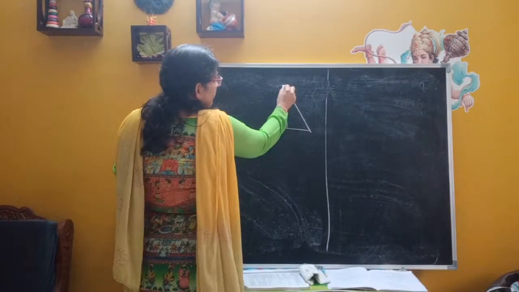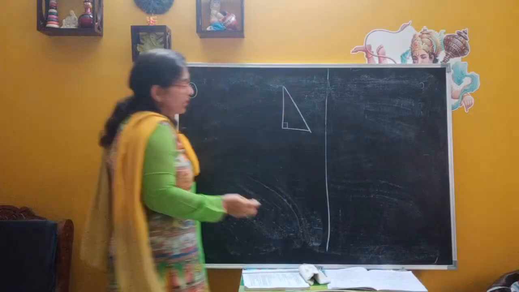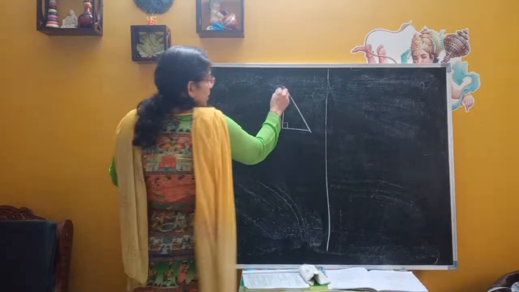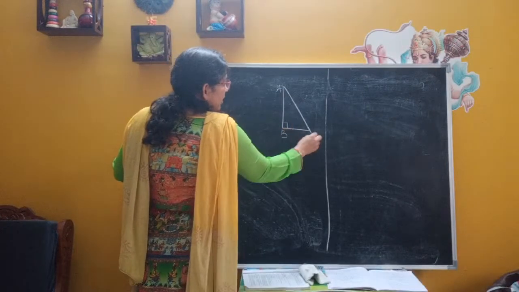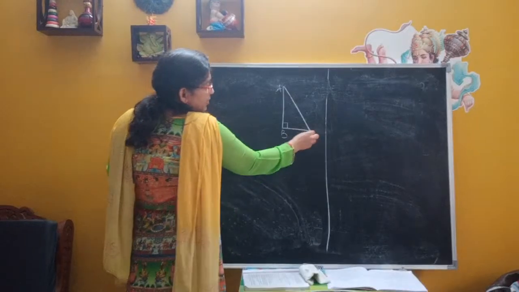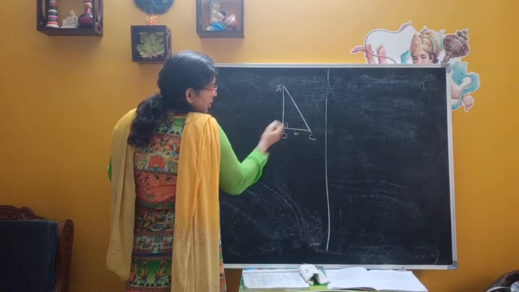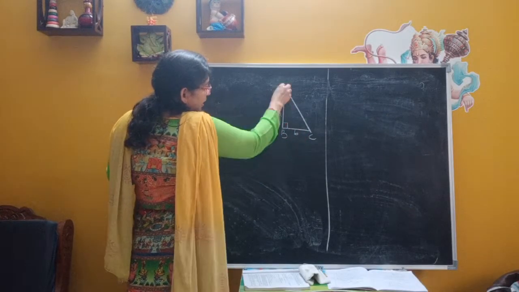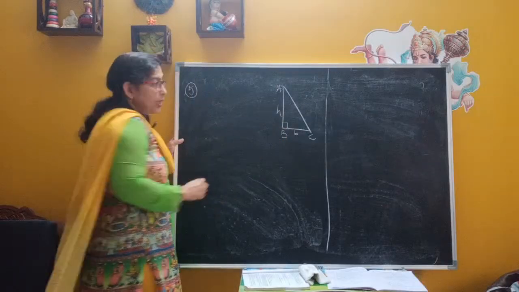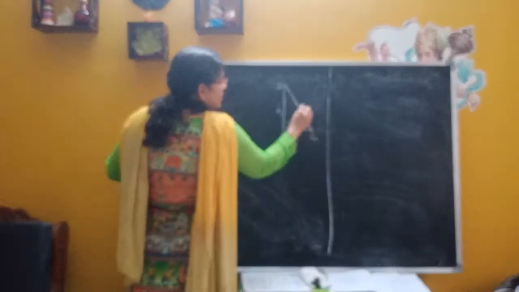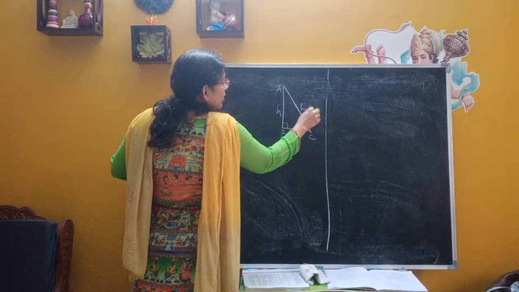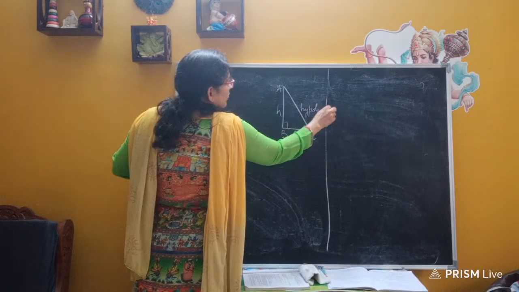A right angle triangle means a triangle in which one of the angles is 90 degree. So here ABC, if this is the right angle triangle, here BC is called the base of the triangle and AB is the altitude or height of the triangle and AC is the hypotenuse. Okay, hypotenuse of the triangle.